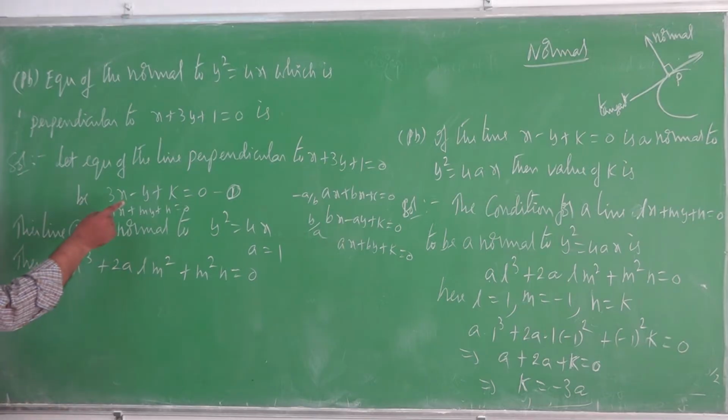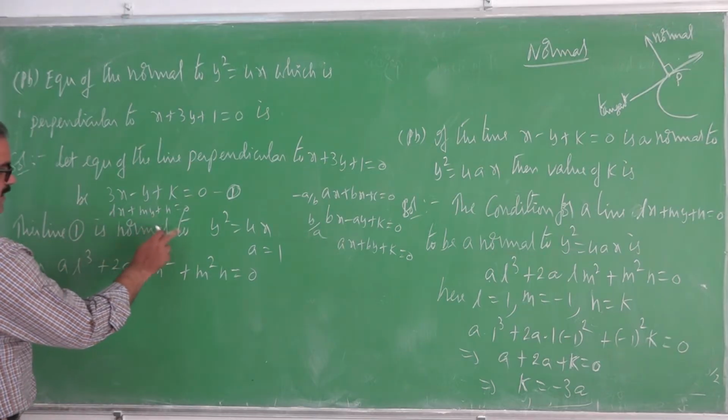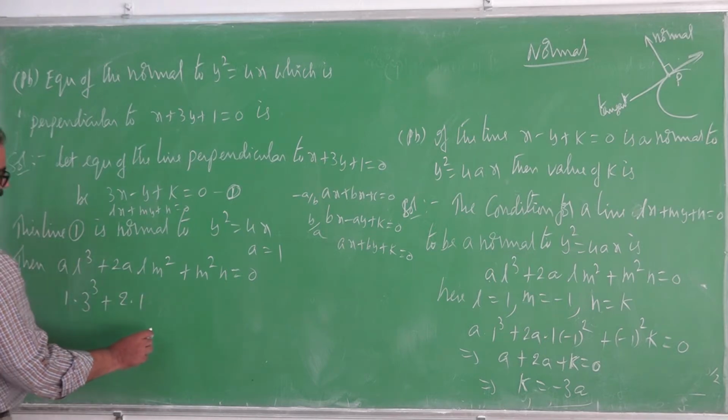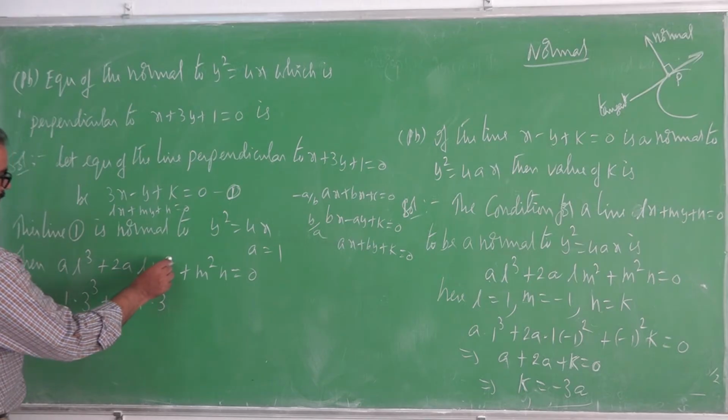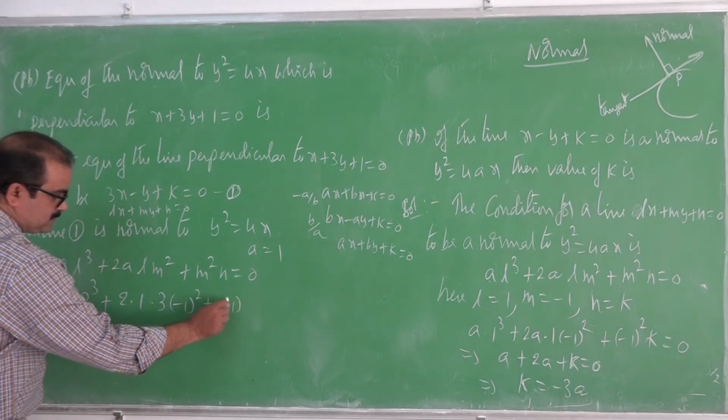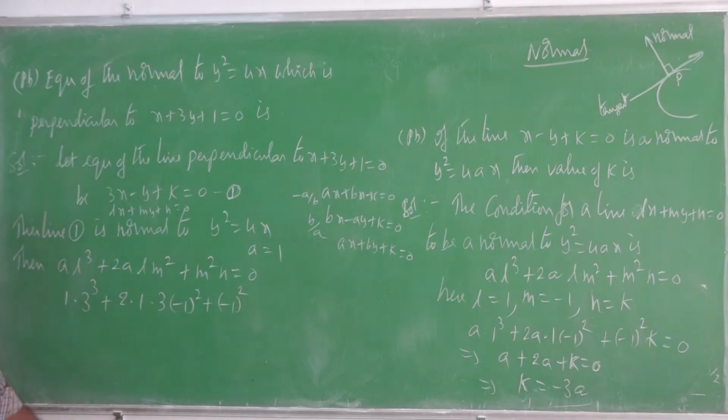Now substitute the values of l, m, n and a in this. a is 1, l is 3 cube, 2 into a into l, 3 into m square, m is minus 1, plus m square into n, n is k.